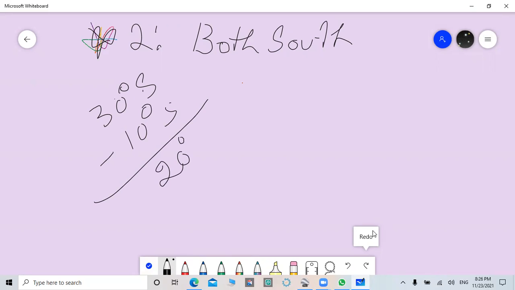Again, the same thing. If you go from 30 to, if you're going higher to lower, this is just the opposite of when both are north. This time when you go higher to lower, you are actually going north.